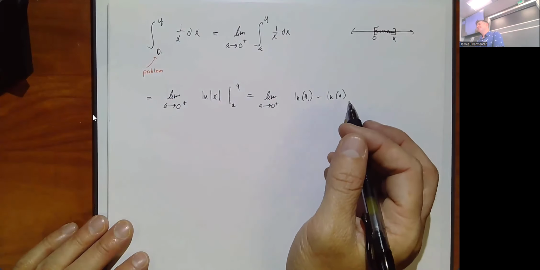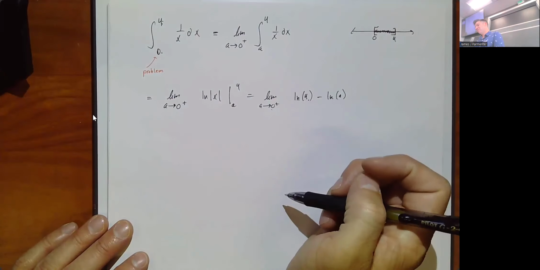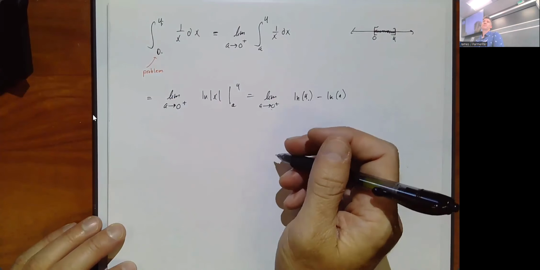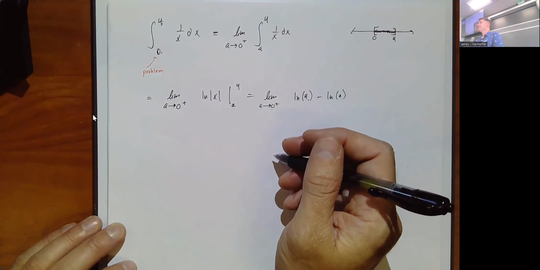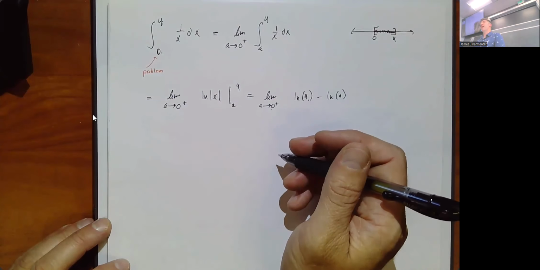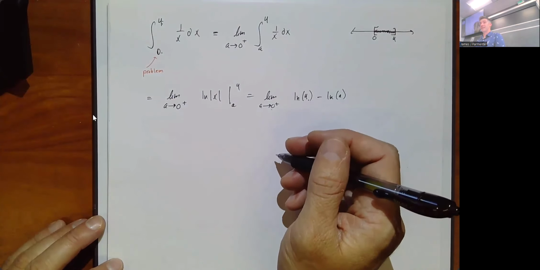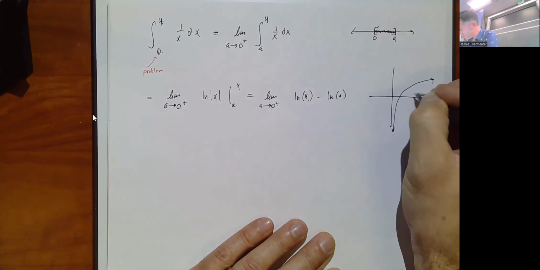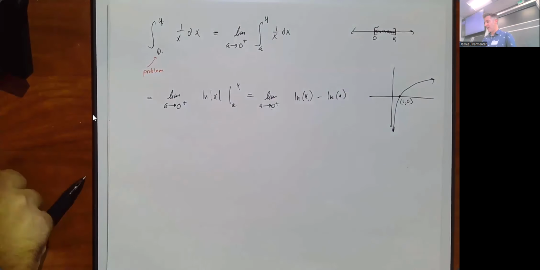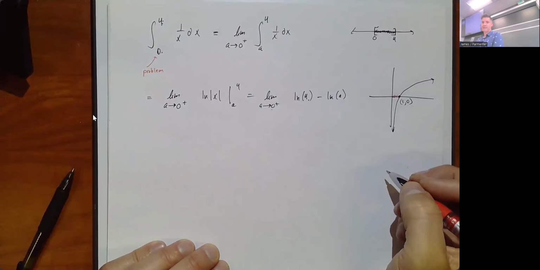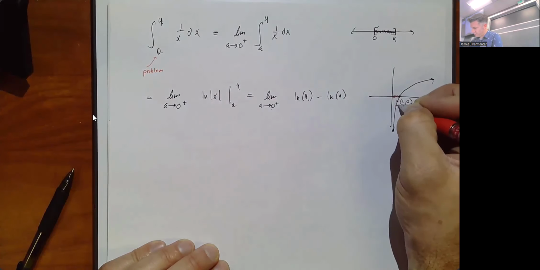Okay. As a goes to 0, what happens to the natural log of a? It's really good to have the concept of what the graph of natural log looks like for most of these things. So if we look at the graph of natural log again, where here is x equal to 1, y equal to 0, as my x values get closer and closer to 0 from the right, what are my y values doing?